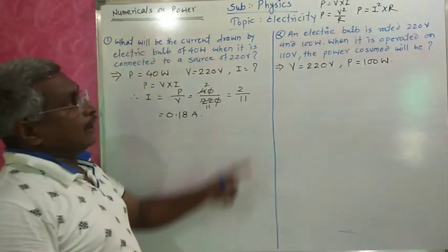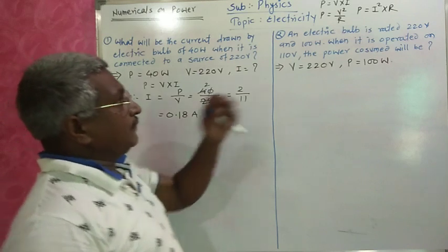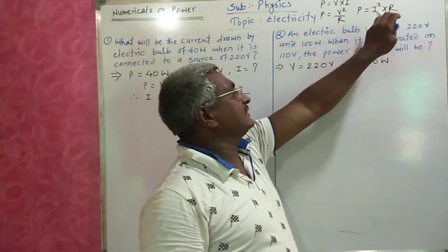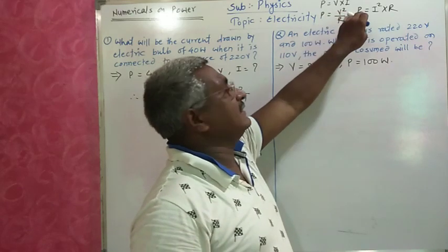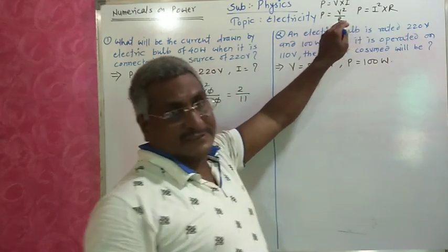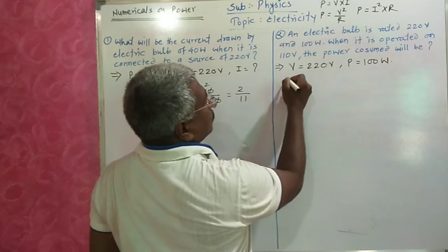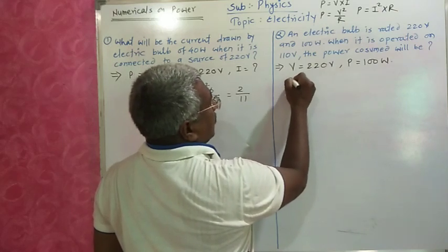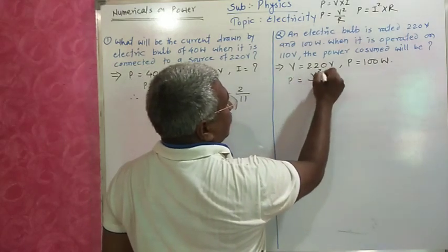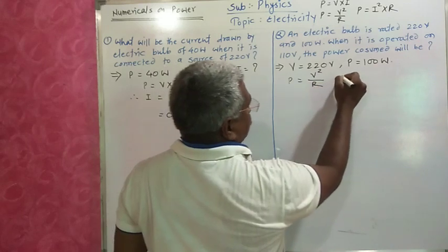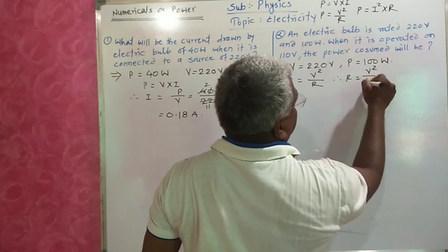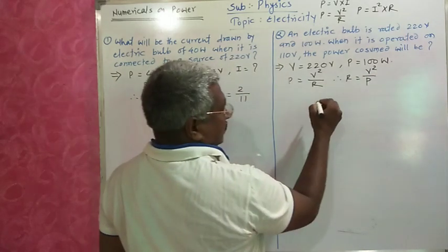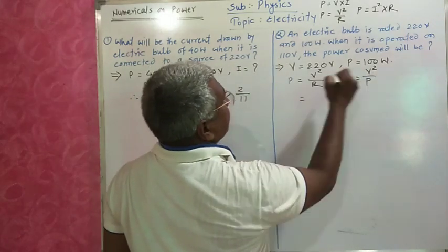So according to this, first we have to find the resistance. P and V are given, so resistance has to be found. P equals V square by R, therefore R equals V square by P. Substitute the values.